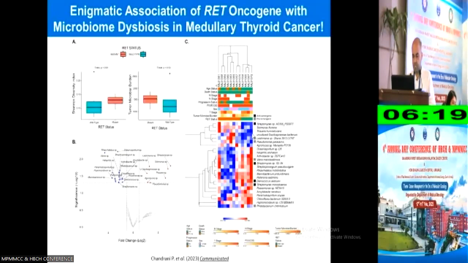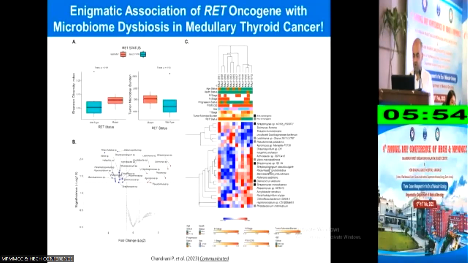The same organisms I'm showing here numerically: these patients are all RET positive, and these patients are all RET negative. And if you see the relative quantity of each of the microbial species, you will see two distinct groups coming out here. All of these patients have relatively higher quantity of these microorganisms, and all of these patients have relatively higher quantity of these microorganisms.